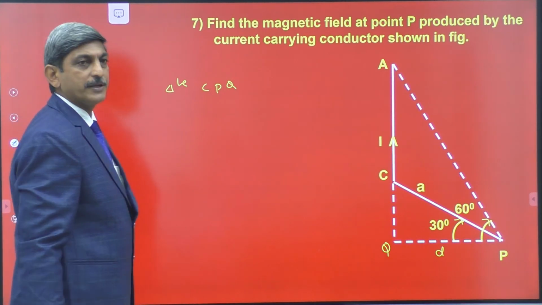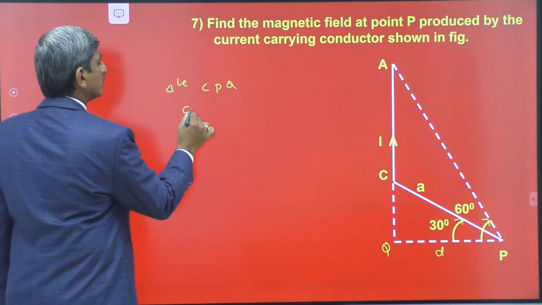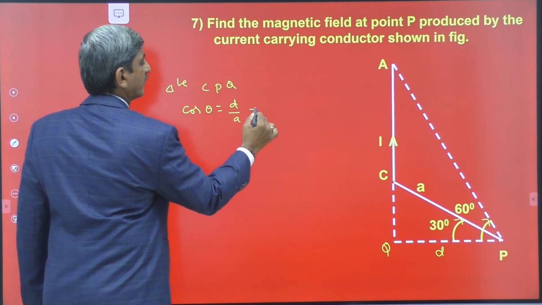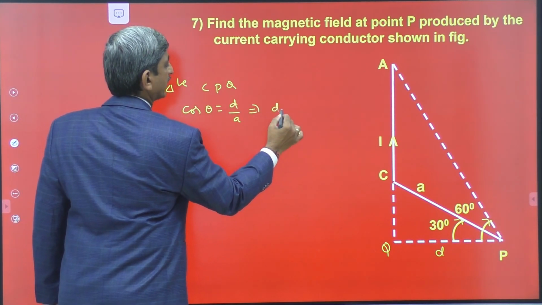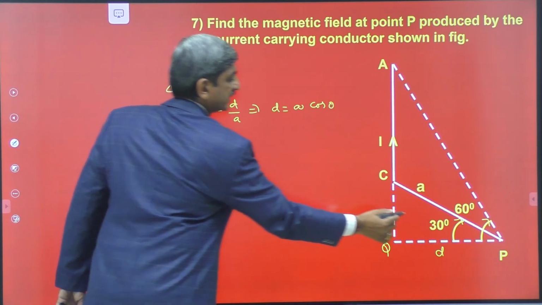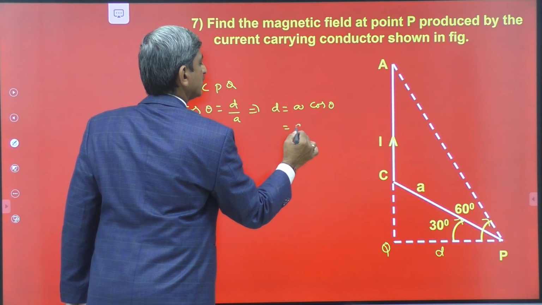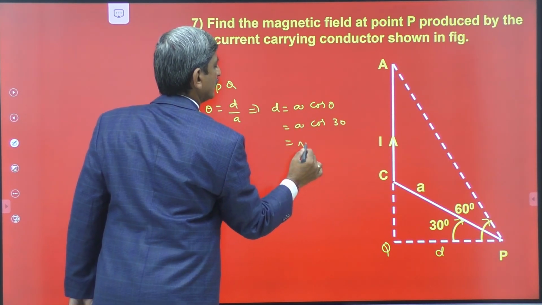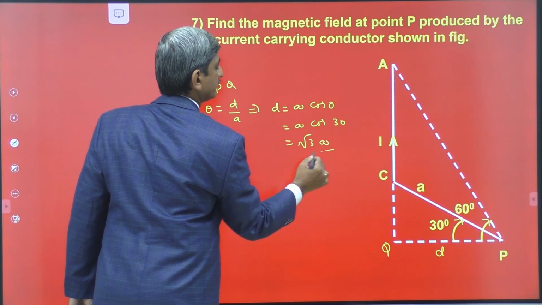We can write cos theta is equal to D by A. From this we can write the perpendicular distance D is equal to A cos theta. Here this theta is equal to 30 degrees. This is equal to A cos 30 degrees. This is equal to root 3 A by 2.